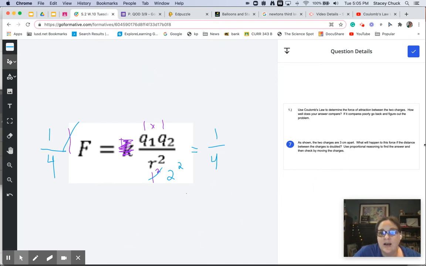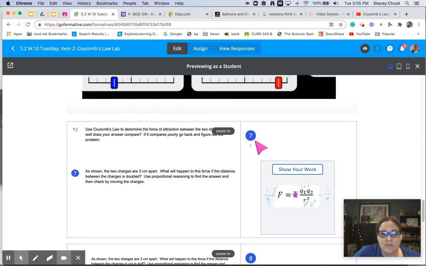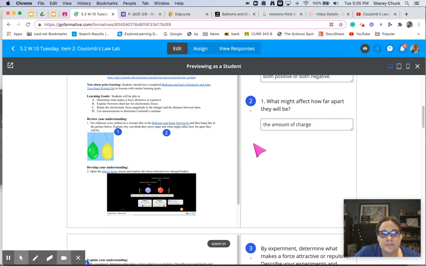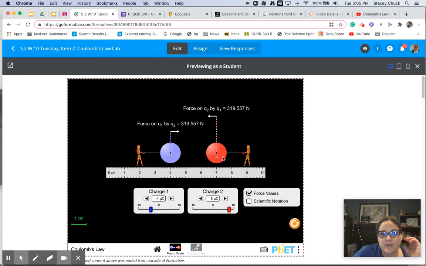Now it says, check it by moving the charges. That step involves a little bit of math, but I will show you how you would do that. Okay, so right now they're 3 centimeters apart, and the amount of force between them is 319.557.